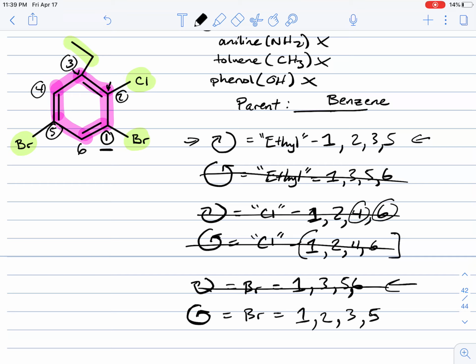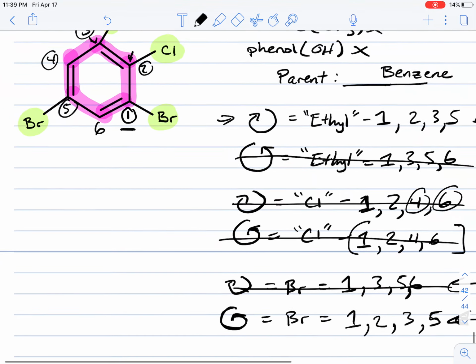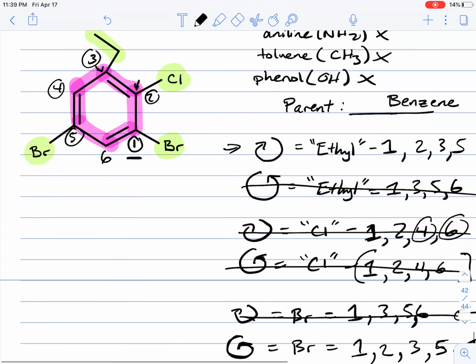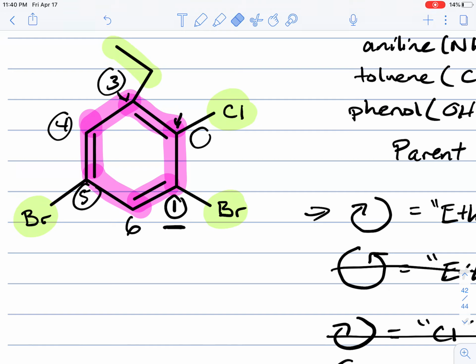All right. And so if you look at the combination, I have 1, 2, 3, 5. I also have 1, 2, 3, 5. So I have equivalent numbering systems. Okay. And so we're going to go ahead and look at the second bromine. So we're going to do one more set of combinations.